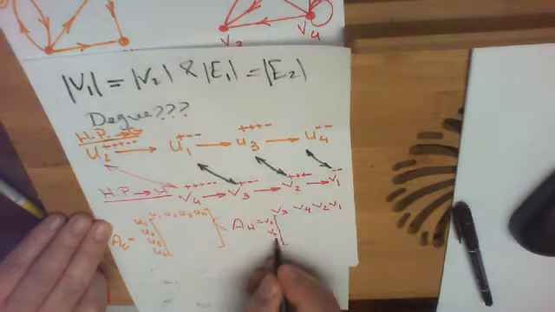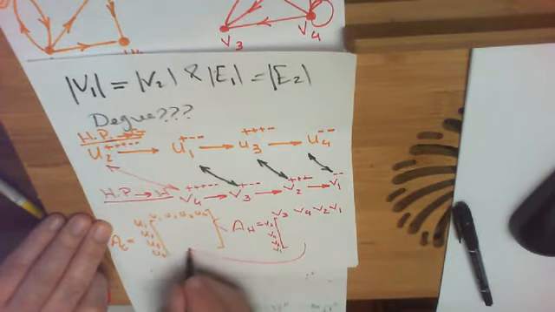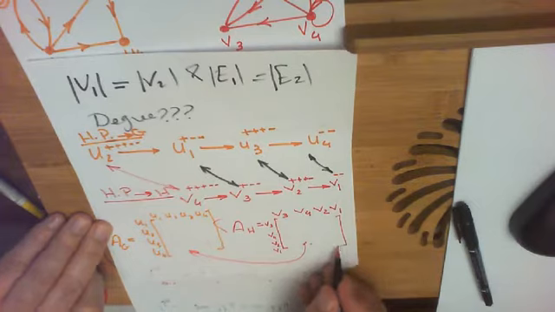That is V3, V4, V2, V1, and you find they are completely the same.